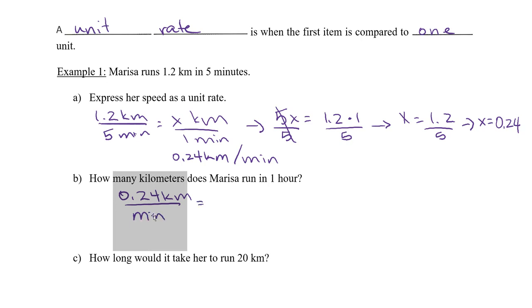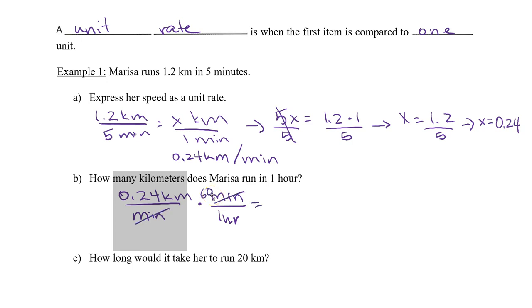We want this to be per hour on the bottom. I'll leave it as 1 hour. I'm going to multiply it, because I want to get hours on the bottom. I want to get rid of minutes, so I have to multiply by minutes. How many minutes are in an hour? There's 60.